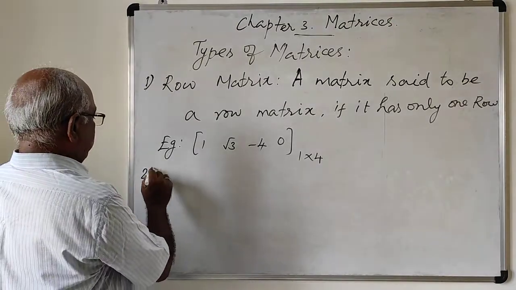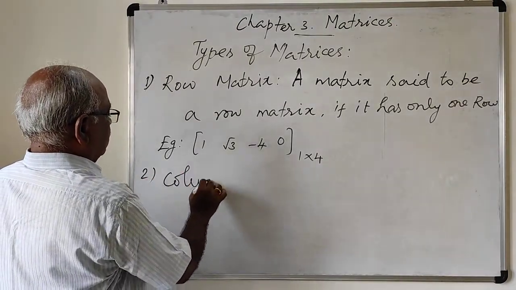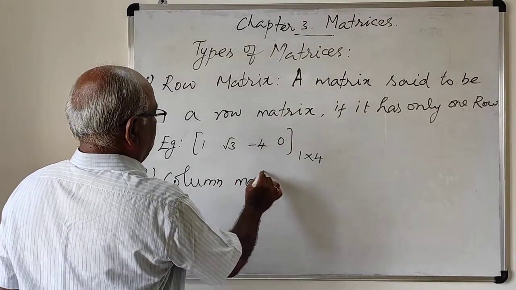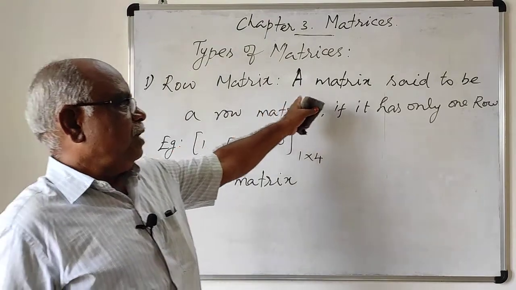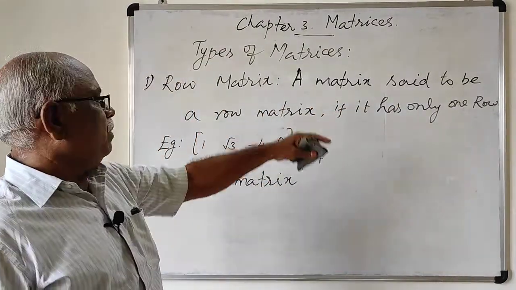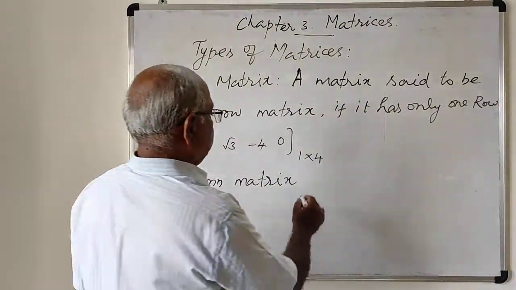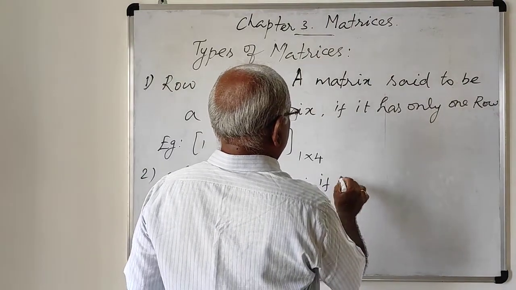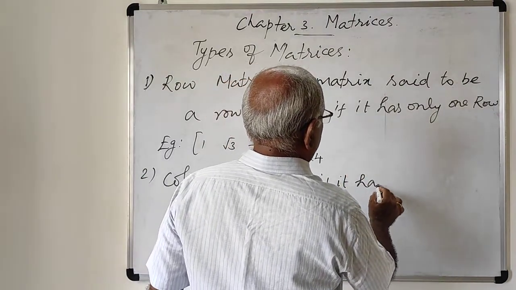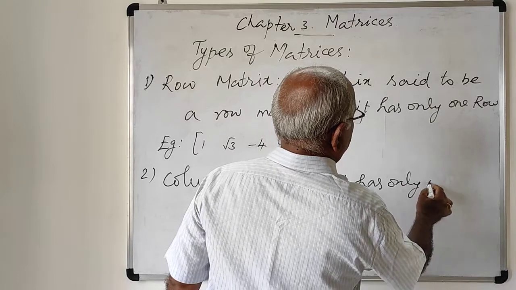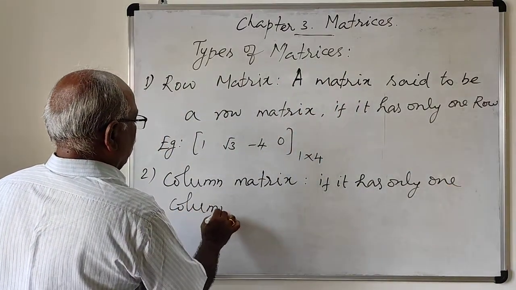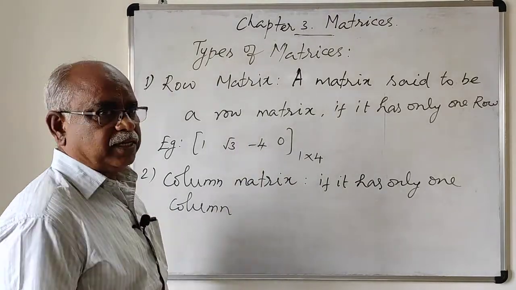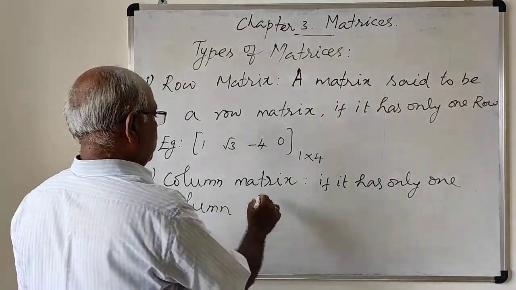Next, the second one is column matrix. A matrix is said to be a column matrix if it has only one column. A matrix is said to be a column matrix if it has only one column.